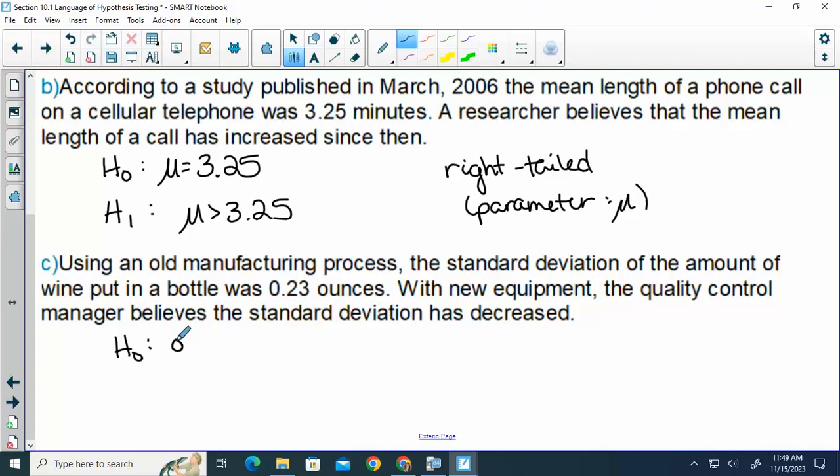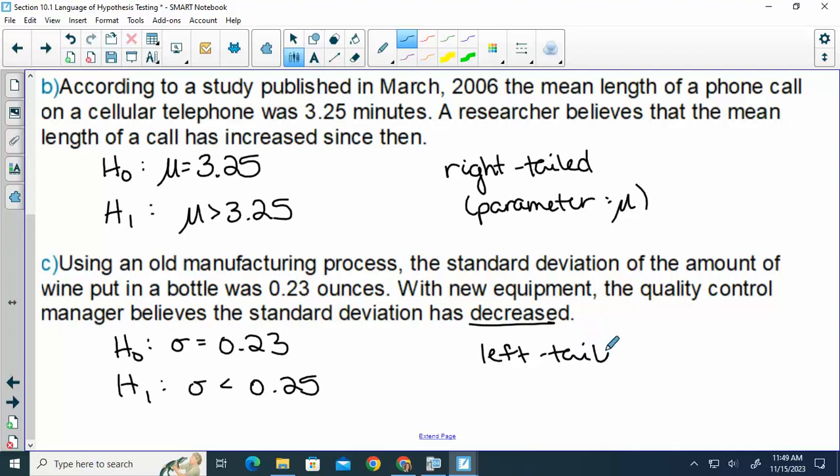Standard deviation equals 0.22. And the alternative hypothesis? Standard deviation is greater than 0.22. Oh, less. Left, right, or two-tailed? The parameter we're testing this time is?